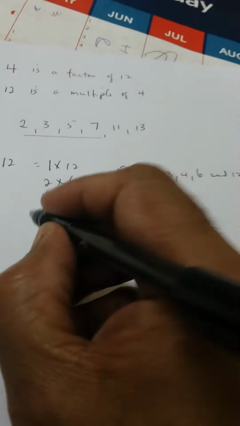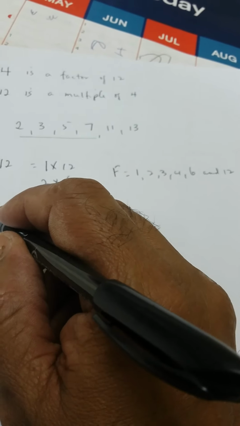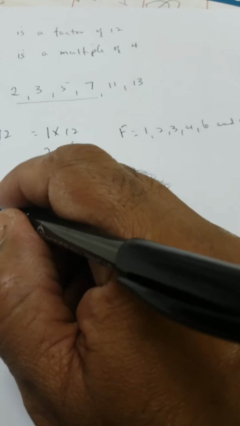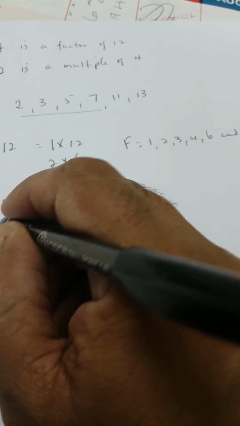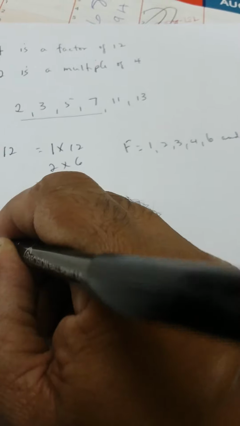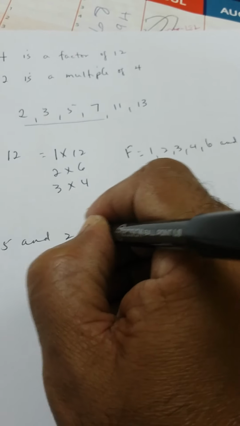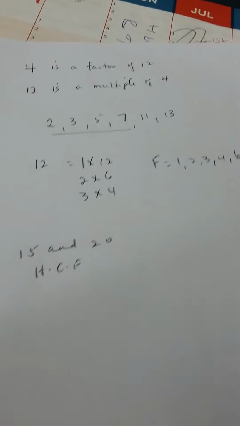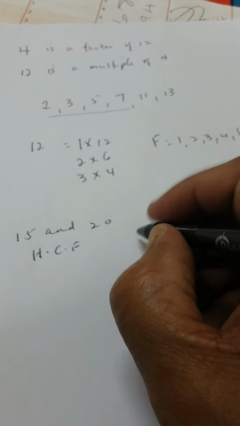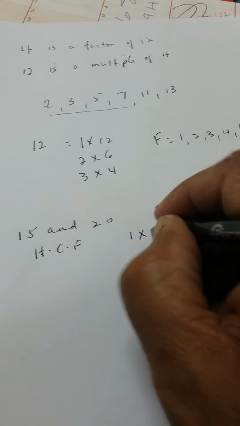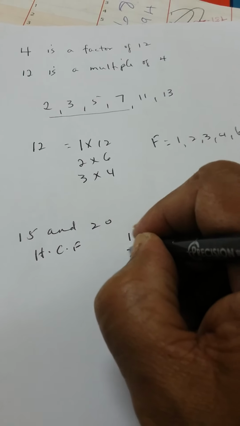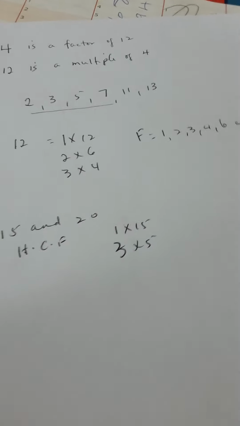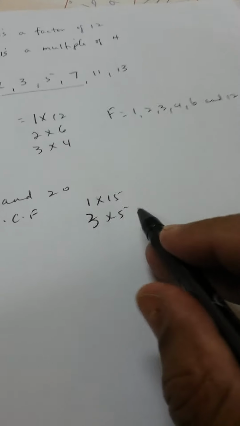So here it is. We can look at finding the HCF, or the highest common factor. And to find the HCF, where we have 2 numbers, for example, if we have the numbers 15 and 20, and we want to find the HCF, we would find the factors of 15. 1 times 15, not 2, because 15 is an odd number. 3 times 5, not 4. 5 times 3, but we already have 5.